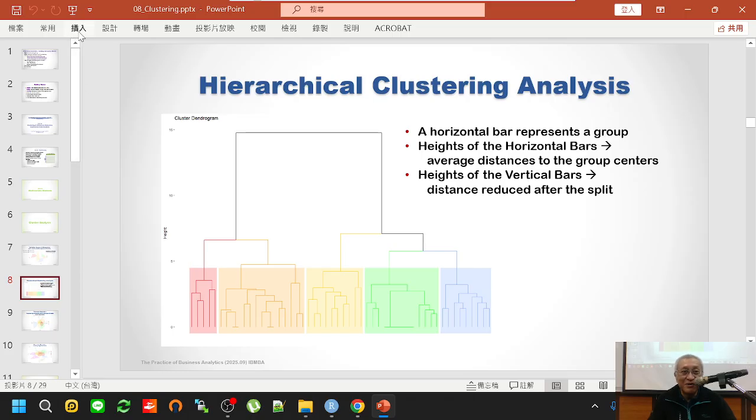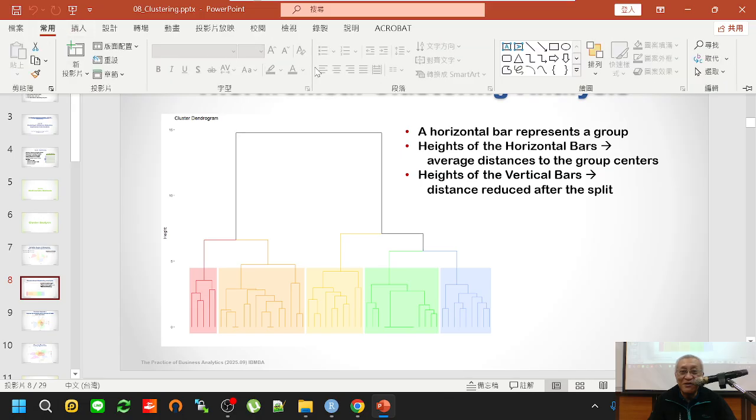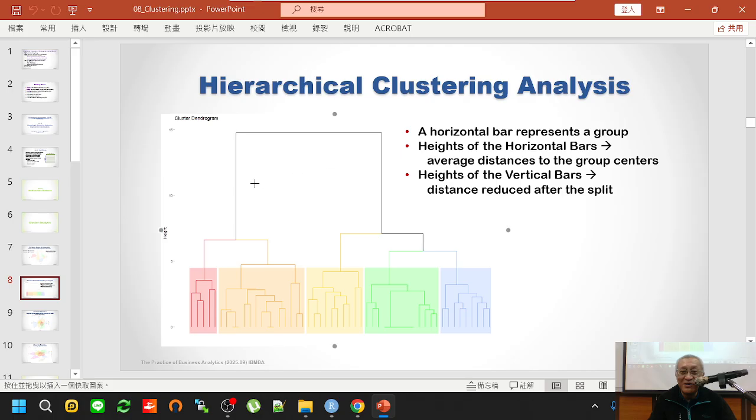let me put a line here, so it's easier to explain. If I cut the dendrogram this way, then I will only have 2 groups. But if I cut it here, I will have 4 groups, right?